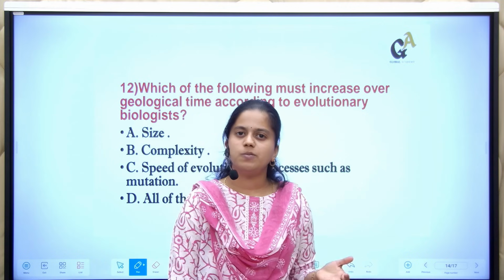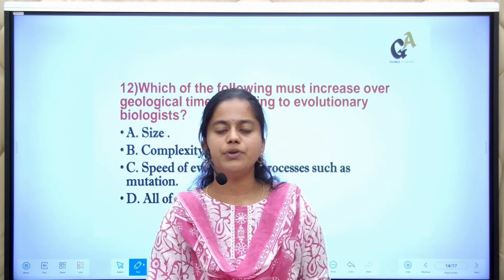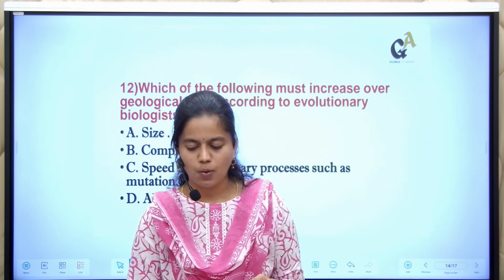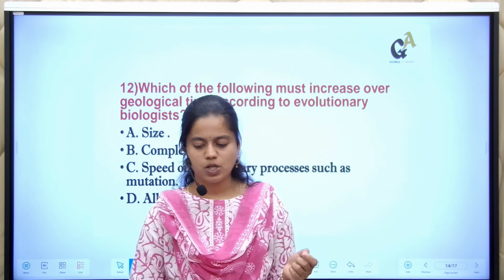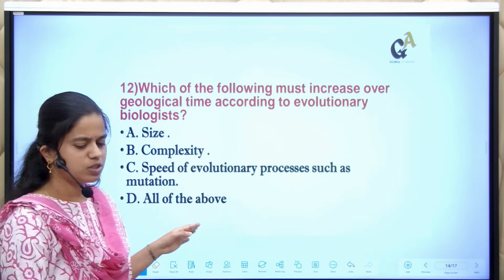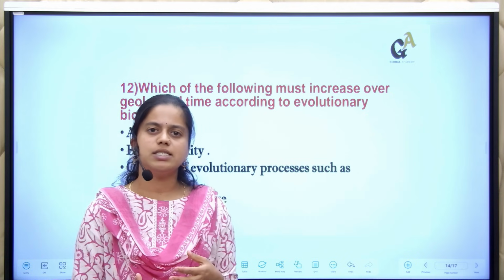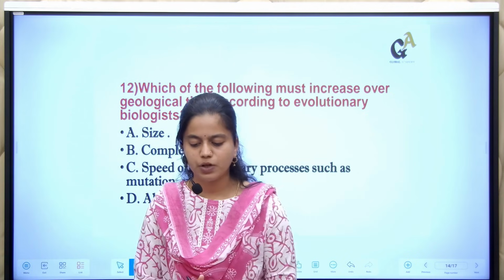Earlier the life forms were simple, but nowadays, after millions of years, the life forms are also complex. Size does not necessarily stay the same, right? It may be smaller in some organisms, and larger in some organisms.